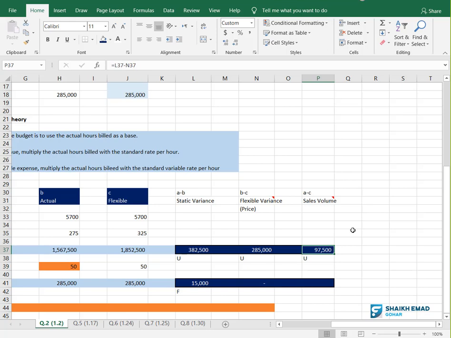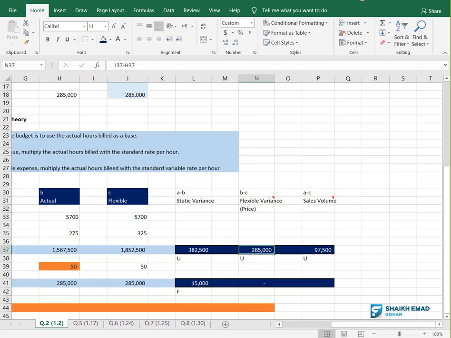However, because we gave the opportunity to the lawyers, getting it? We gave the opportunity to the lawyers to give discounts. They can reduce the rate themselves, you know. Because of that reason, we lost how much? $285,000. That's a big loss. Getting it?